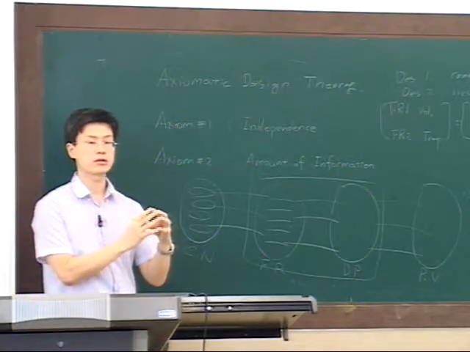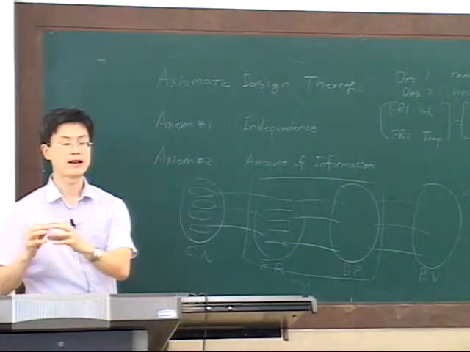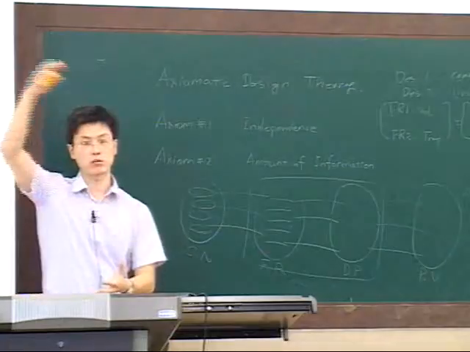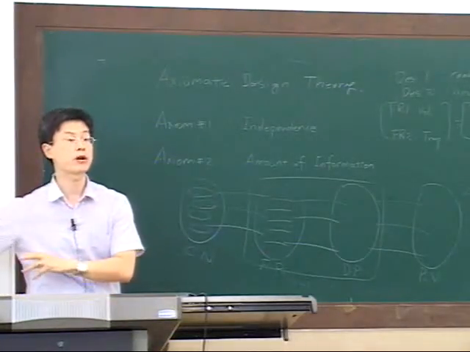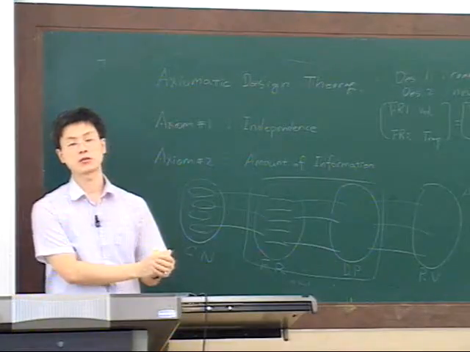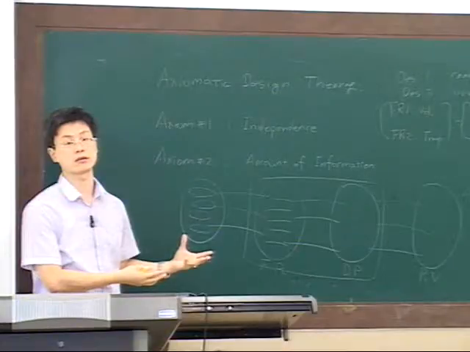The best alternative is the alternative which has the least amount of information. Okay, a complex system has lots of information, which is bad. The simpler, the least amount of information, is the better design. So these two are the axiomatic design.